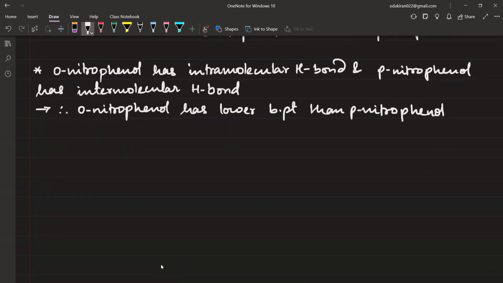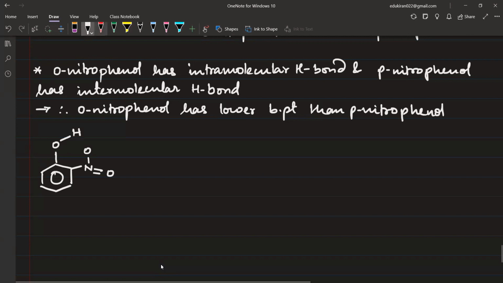First of all, draw the O-nitrophenol. O-nitrophenol has a structure something like this: nitrogen with an oxygen atom here, a doubly bonded oxygen atom here, right? And you have OH like this. So please see here, don't write anything: this oxygen atom will have delta negative because it is more electronegative and pulls electrons, and this hydrogen will become delta positive.